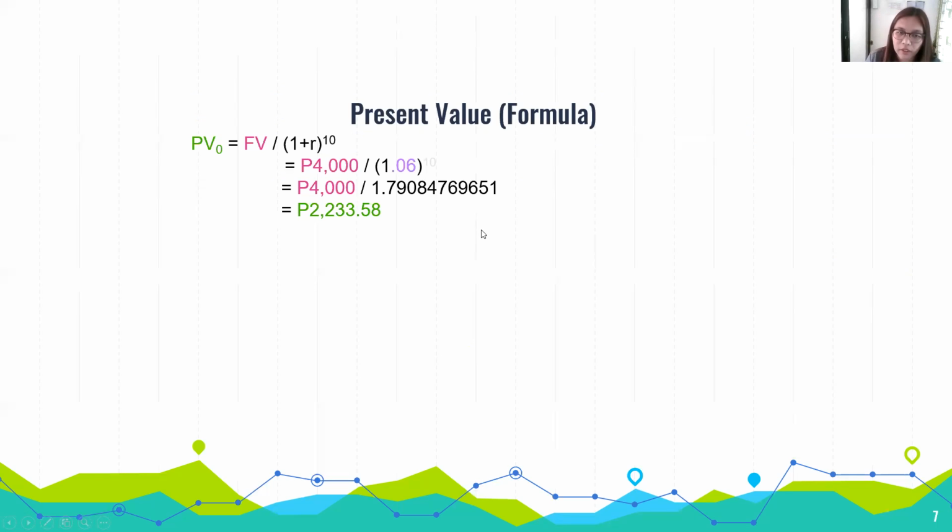Again, how to get the present value factor, 1.06. You can just multiply by 1.06 times 1.06 times 1.06 10 times, no? Or you could just multiply equals. And we get 1.79084. And the answer will be 2,233.58. Okay.